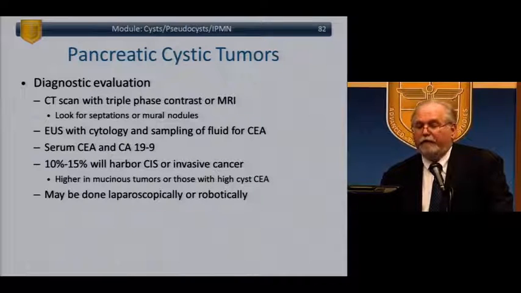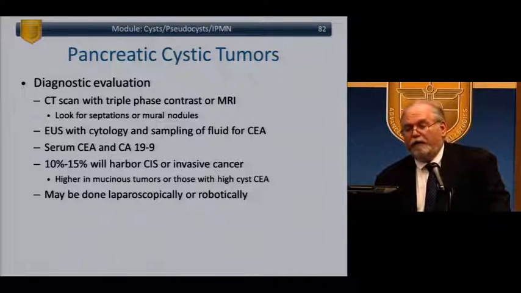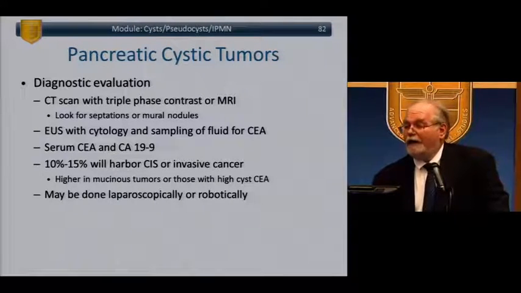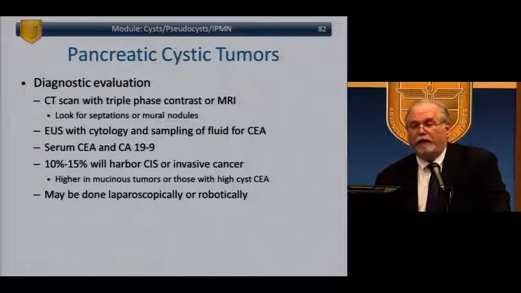About 10 to 15% will harbor carcinoma in situ or invasive cancer. This is higher in the mucinous tumors or with high cyst CEA levels, and these can be done open, laparoscopically, or robotically, particularly if they're distal.